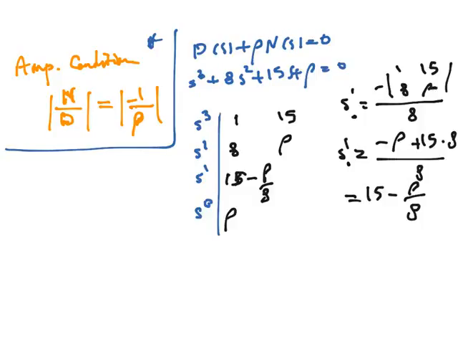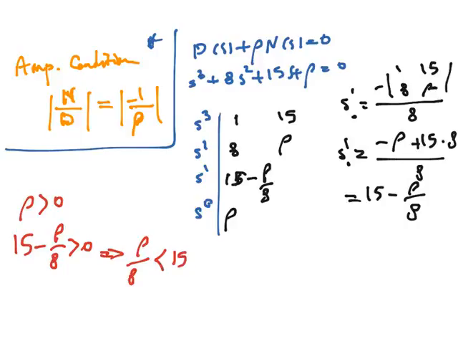If we want our system to be bistable, we need all the components in the first column of the Routh table to be positive. So we need rho bigger than 0 and (15 minus rho) over 8 bigger than 0. This tells us that rho over 8 should be smaller than 15, or in other words, rho should be smaller than 120.